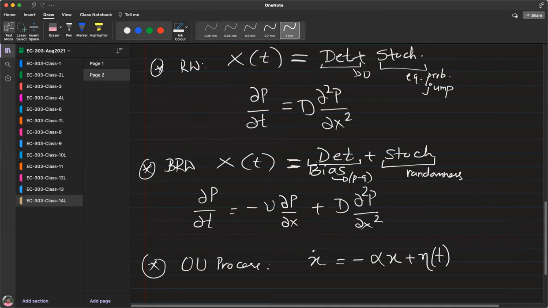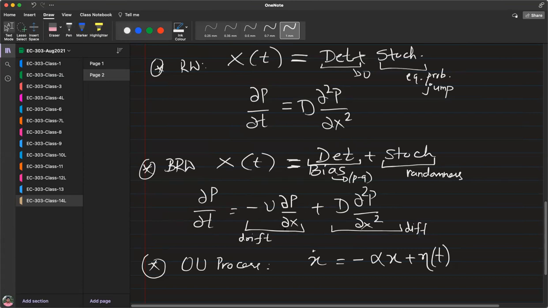If we had a deterministic component as well, the stochastic part comes out as the diffusion, and the deterministic part comes out as the drift term. This is what we call drift. So the deterministic part in the equation of motion comes out as the drift in how the probability density changes, which is also called the drift diffusion equation.